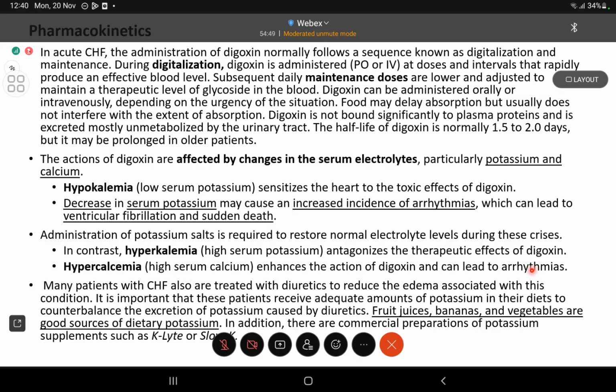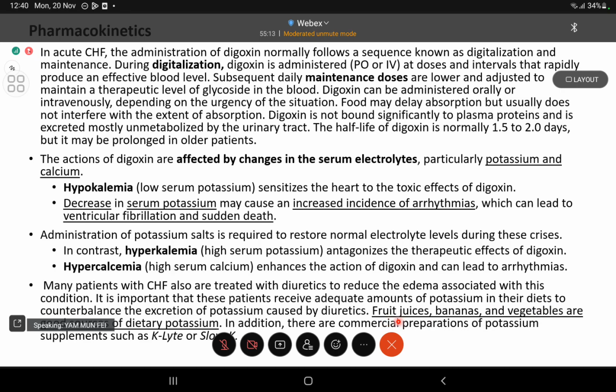So when you use digoxin, you need to make sure that the patient's serum electrolytes are in balanced conditions. So when you use this drug, especially for chronic heart failure patients, you should control the diet.